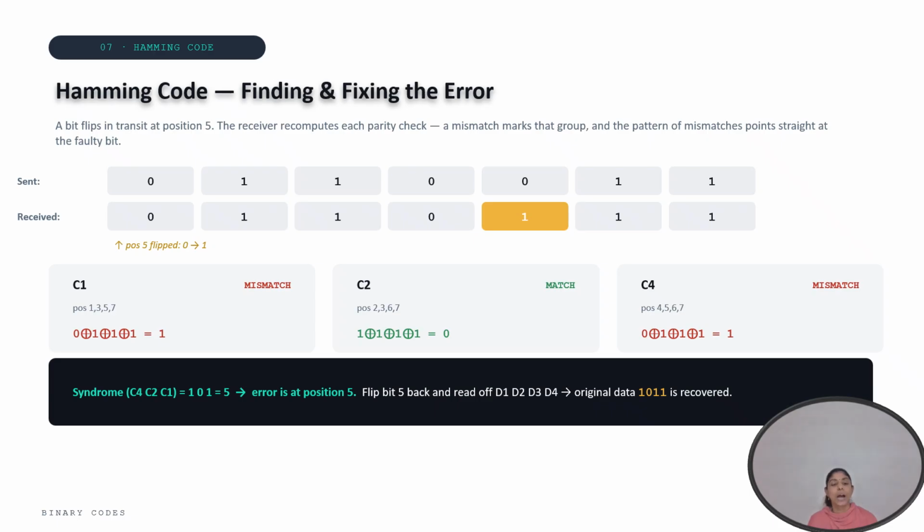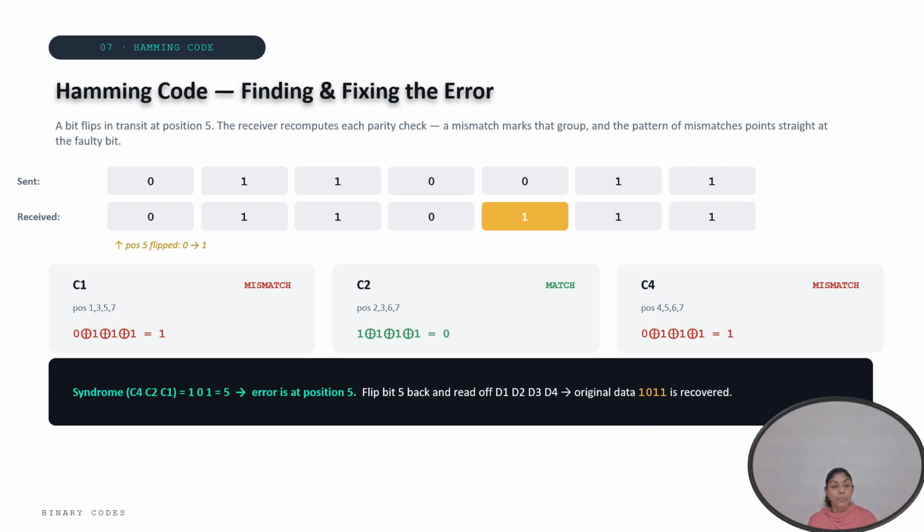We will see what is happening. How to find C1? Positions 1, 3, 5, 7 should be XORed. How to find C2? Positions 2, 3, 6, 7 should be XORed. How to find C4? Positions 4, 5, 6, 7 should be XORed.